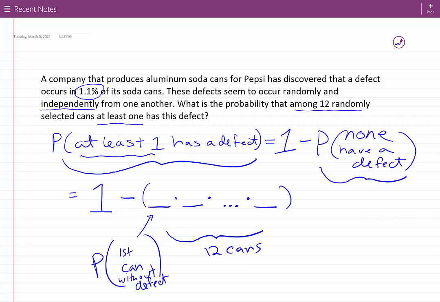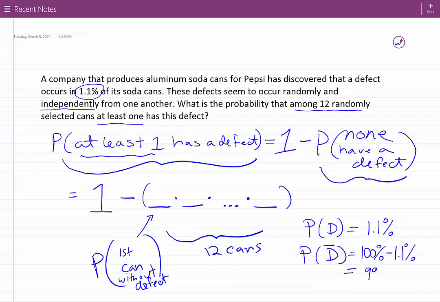Well, luckily over here, they told us something about that, right? They said that the probability of a defect is 1.1%. So the probability that an individual can is defective is 1.1%. Therefore, the probability that the can is not defective, I'm going to write not by putting a bar on top. The probability that it's not defective is 100% minus 1.1%, which I think you'll agree is 98.9%, right?